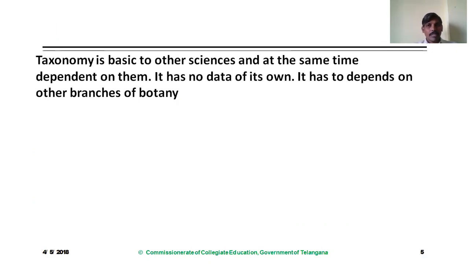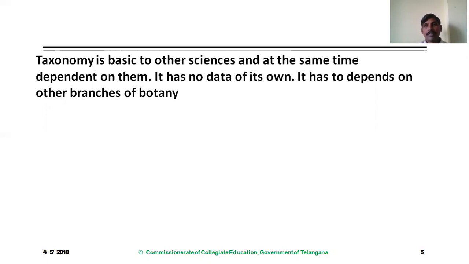Earlier we said taxonomy is the oldest branch, and moreover it is basic to other sciences and at the same time dependent on them. Taxonomy itself has no data, because it has to depend on other branches of botany. Taxonomy explains three main aspects of plants as well as animals, which depend on characteristics.